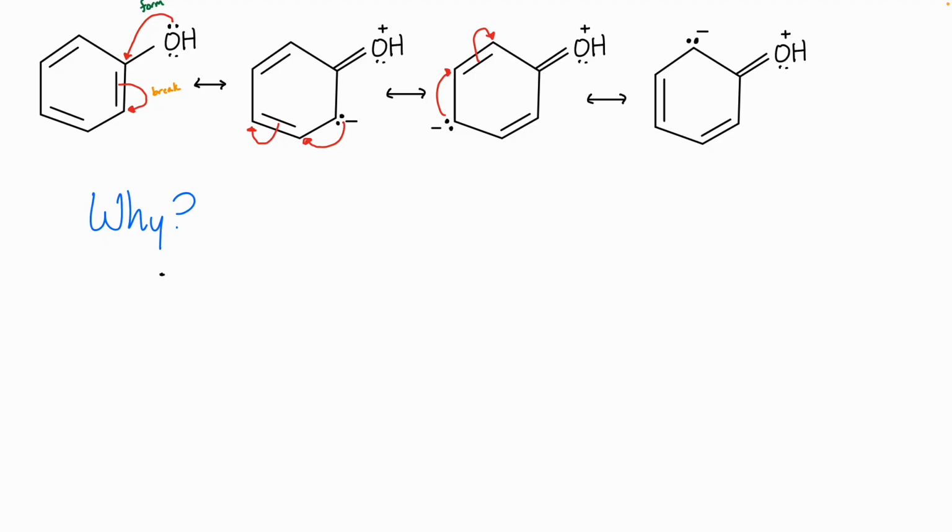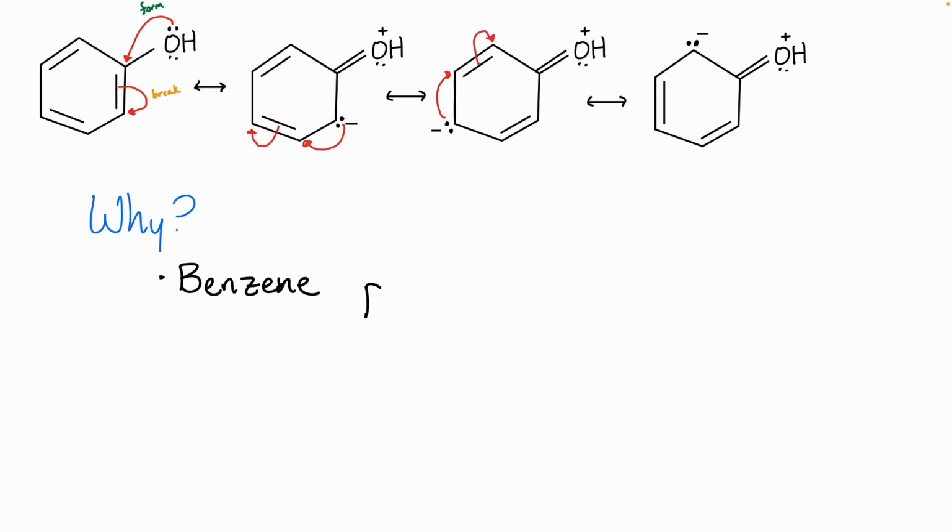All right, well first, to explain why, we're going to remember that benzene plays the role of what in these EAS reactions? Nucleophiles or electrophiles? Nucleophile. So benzene plays the role of a nucleophile in an EAS reaction.